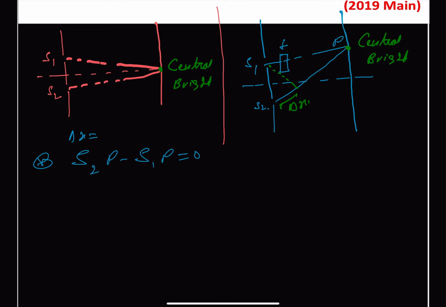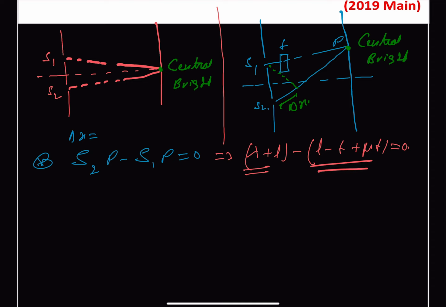And we can say that our S2P will be equal to lambda plus L, and S1P will be the extension because of this thickness T, and we can write this as L minus T plus mu multiplied by T is equal to 0. And these two are their respective optical lengths. So this is the optical path length of S2P, and this is the optical path length of S1P.